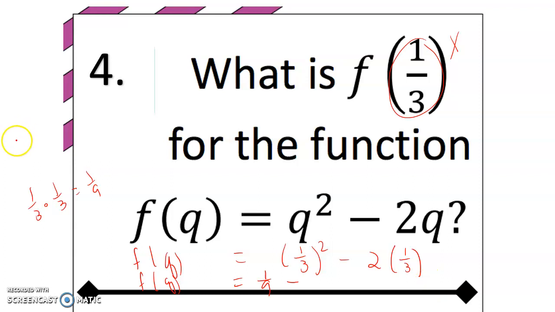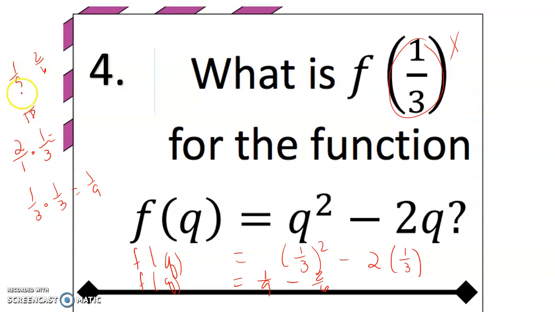minus 2 times 1/3, so that'd be 2 times 1/3 equals 2/6. So now I have 1/9 minus 2/6, which I'm going to have to get common denominators for. So 1/9 and 2/6. Smallest number they both go into is 18.